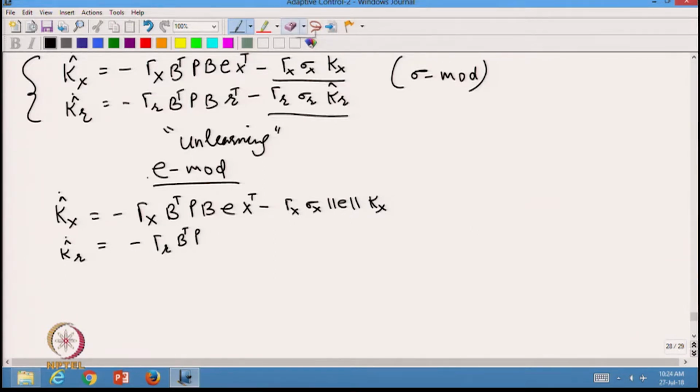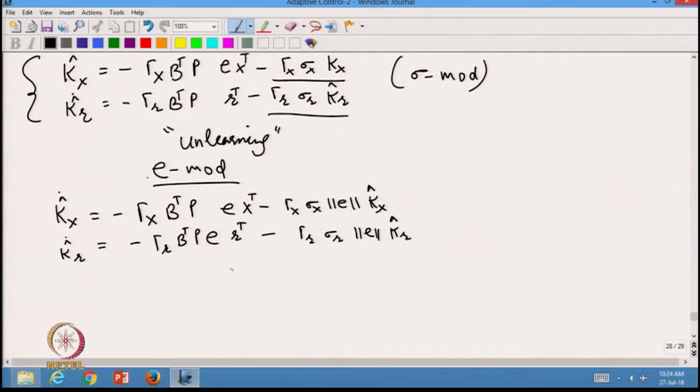Okay. So this was the modification which was proposed.